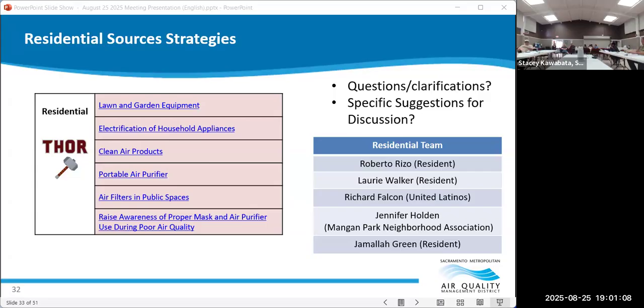So even though we know that there are resources for this information, we would like to partner with organizations that are already doing this, including the district or Valley Vision, to inform, especially people that potentially don't have access to that education, on why they should be wearing masks and using their air purifiers. So this is more like a door-to-door kind of effort. Any questions?